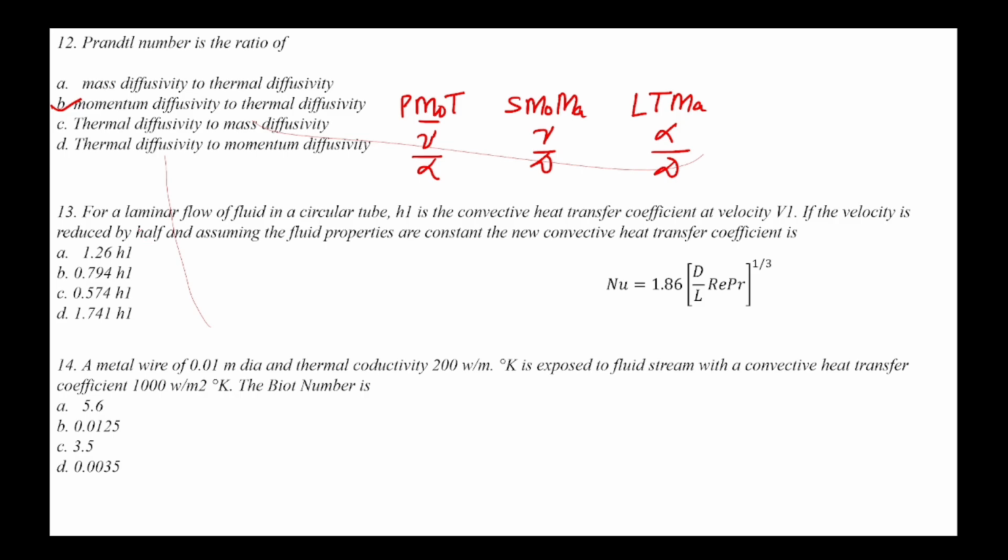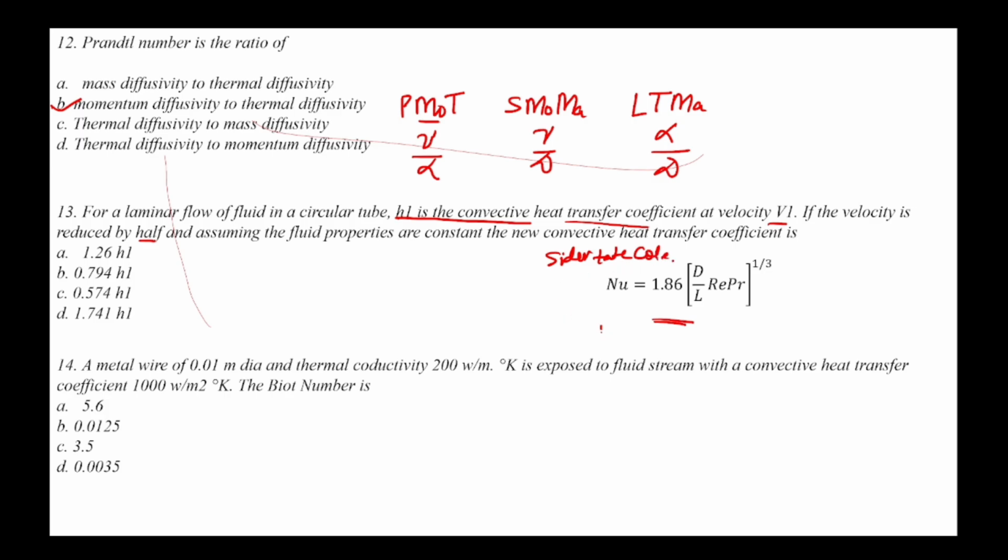Okay. For laminar flow of fluid in a circular tube, h1 is the convective heat transfer coefficient at velocity v1. If the velocity is reduced by half, assuming the fluid properties are constant, find the new convective heat transfer coefficient. Okay, so we have this equation. This is called the Sieder-Tate correlation for laminar flow, and Dittus-Boelter for turbulent flow.